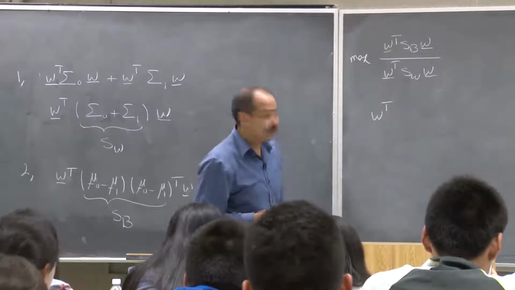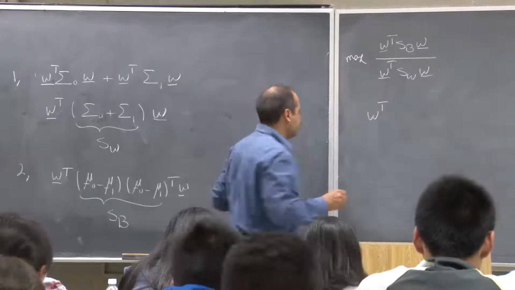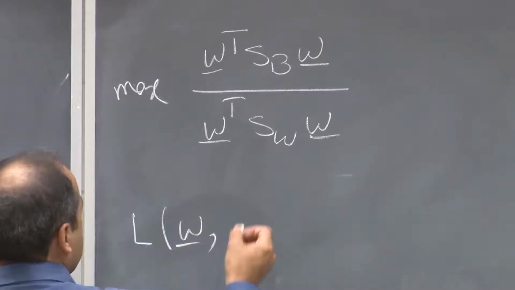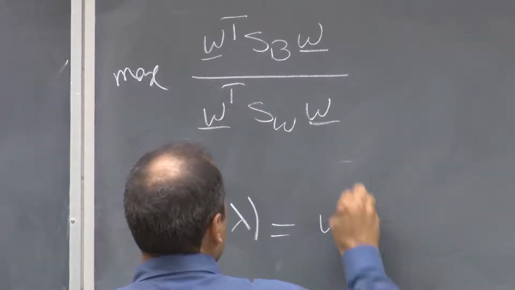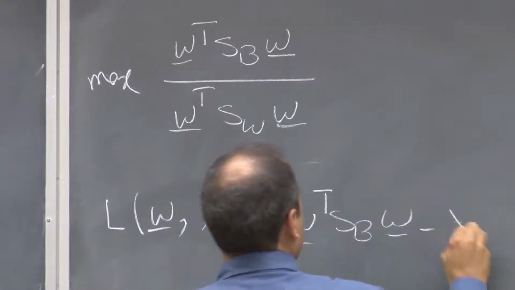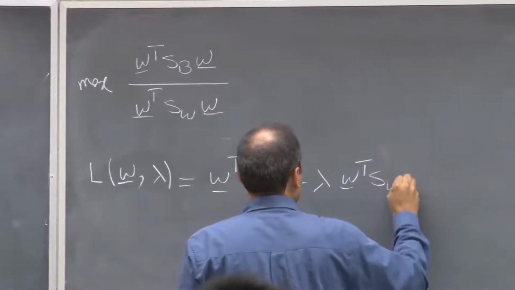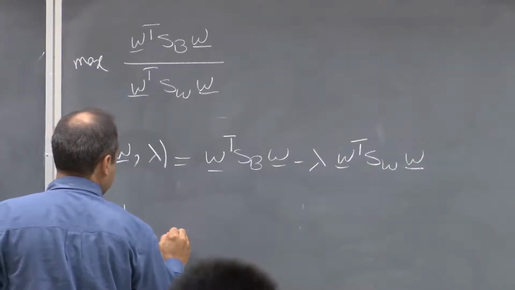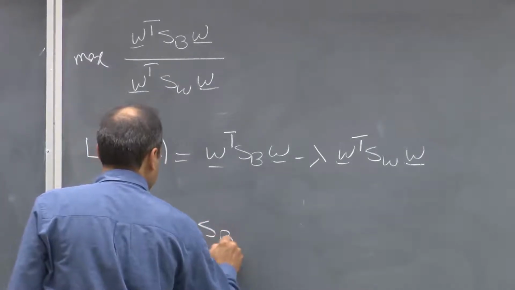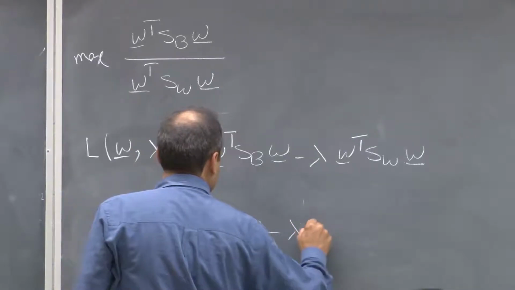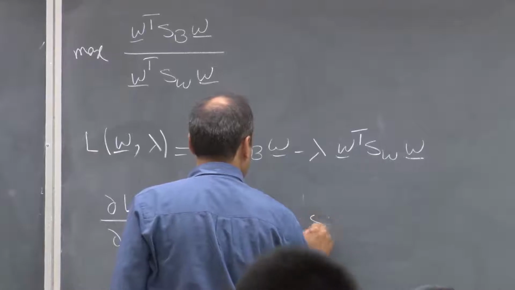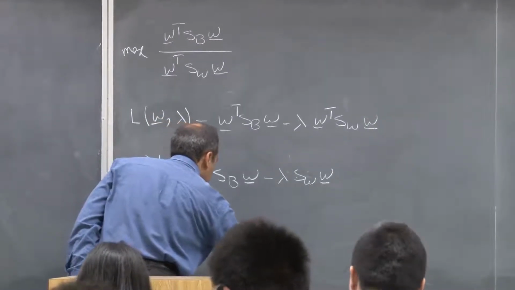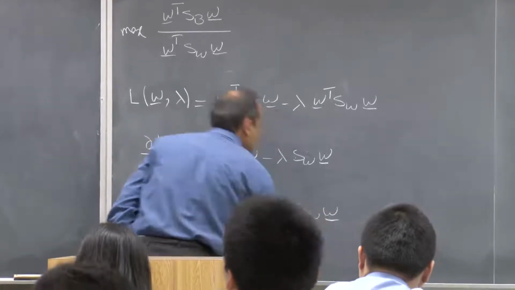And we realized that we can write it as a constrained optimization problem, put a constraint on the denominator, and then we can write a Lagrangian for that. The Lagrangian function of the primal variable and the dual variable has this form. And then when we take the derivative of L with respect to the primal variable and set it to 0, the derivative is SBW minus lambda SWW, which means that SBW is equal to lambda SWW.